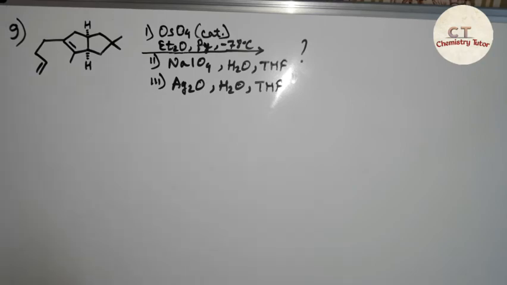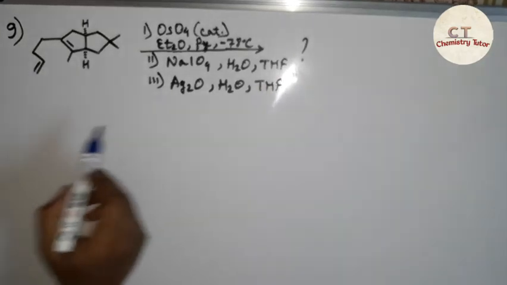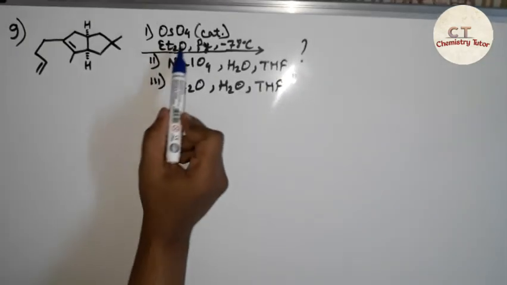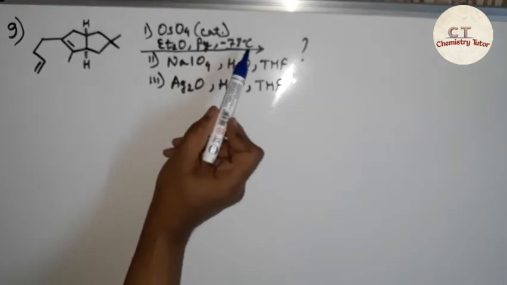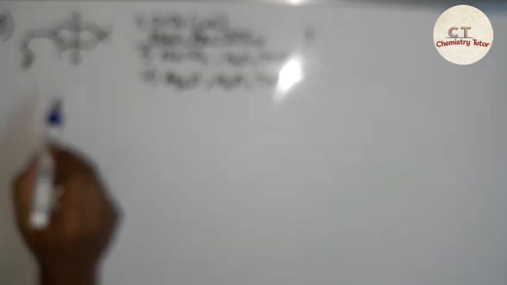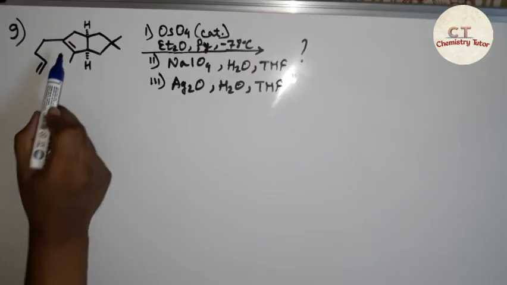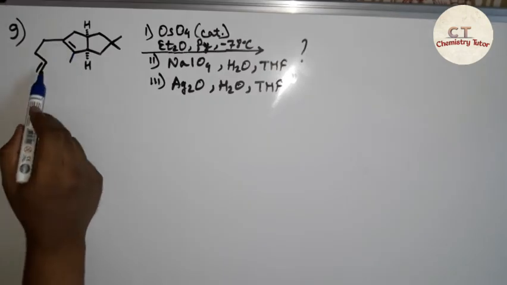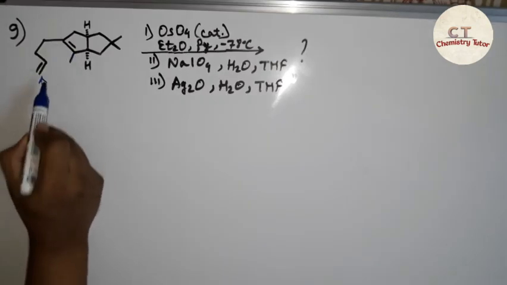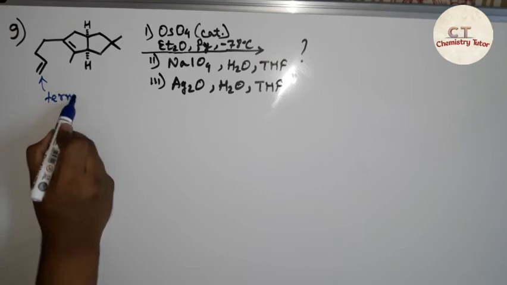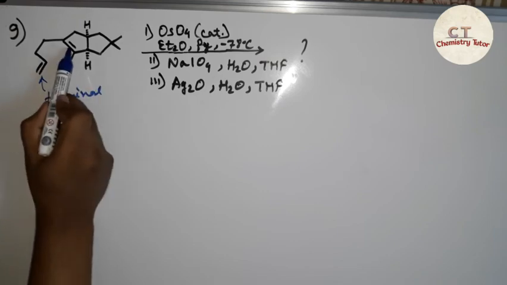Now let us see this question. What is the product formed here? In the first step, osmium tetroxide, ether, pyridine at minus 78 degrees Celsius is given. Whenever you see such alkenes, there is this terminal alkene, and there is also another alkene, but that is not a terminal alkene.